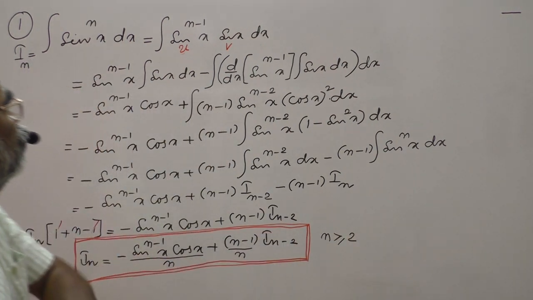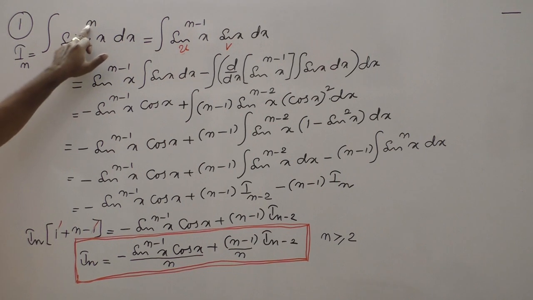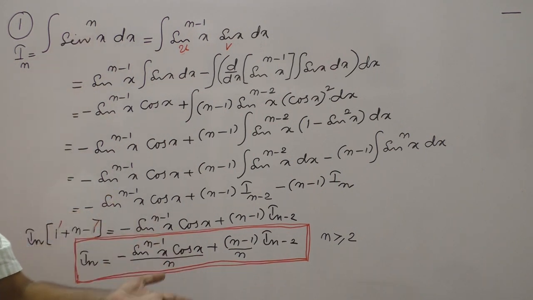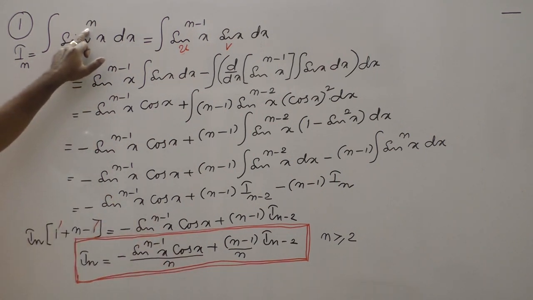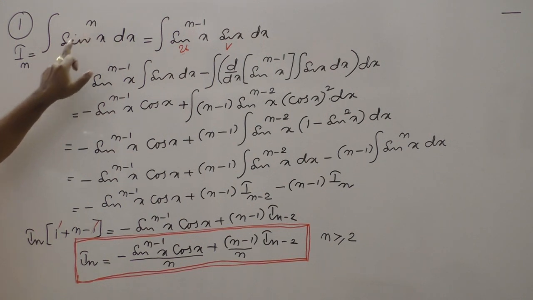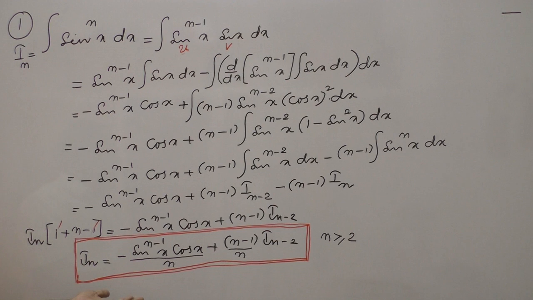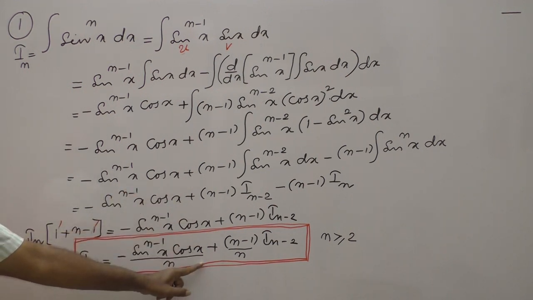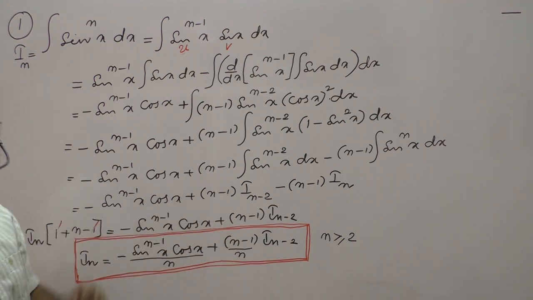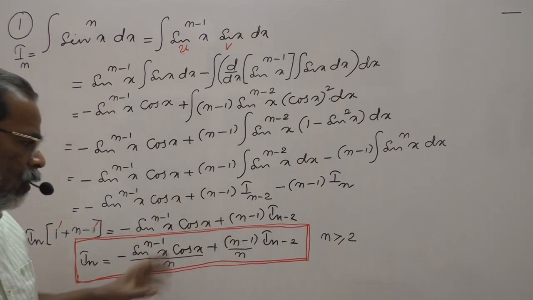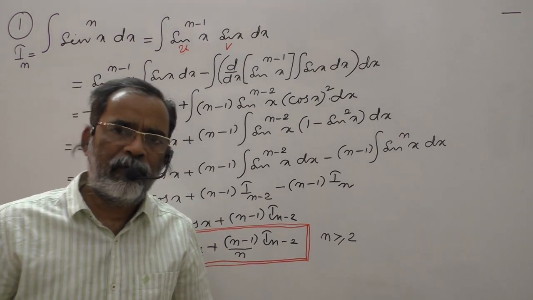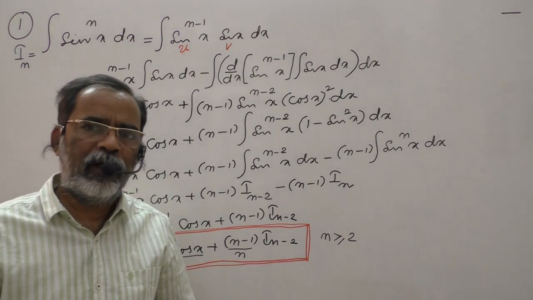If n equals 0, something power 0 is 1, and the integral of 1 is x. If you take n equal to 1, then what is this? This is sine power 1, meaning sine, which has the standard integral minus cos x. So this should be applied for n value equal to 2 or greater than 2. This is known as the reduction formula for sine power n.